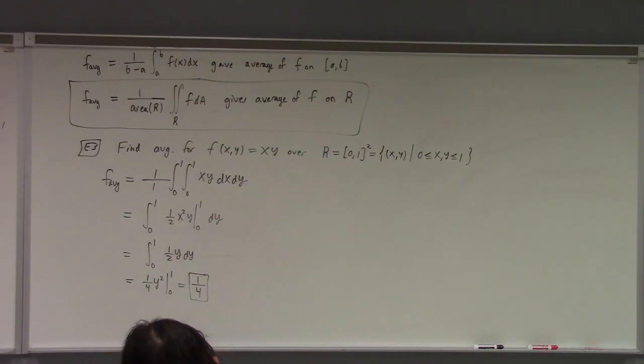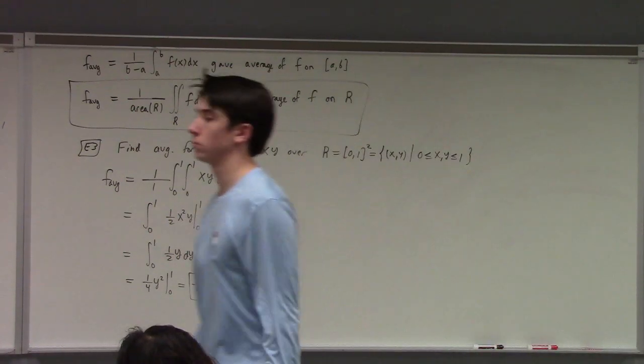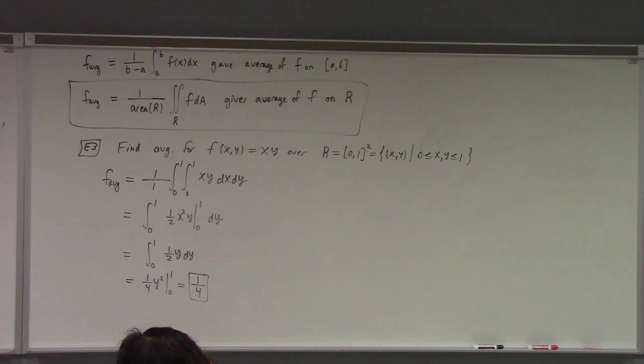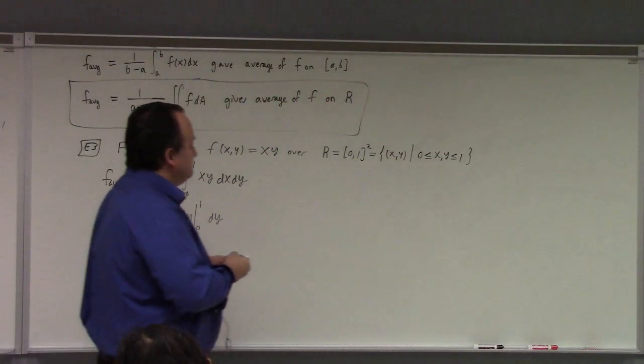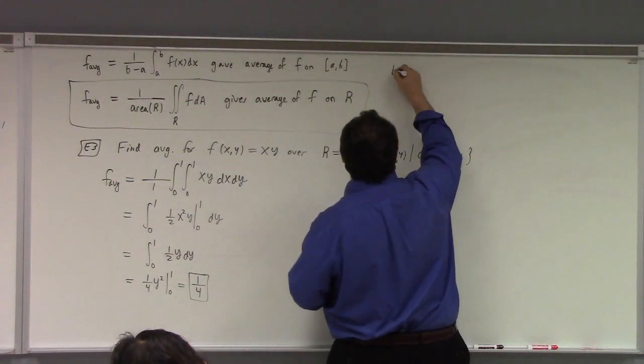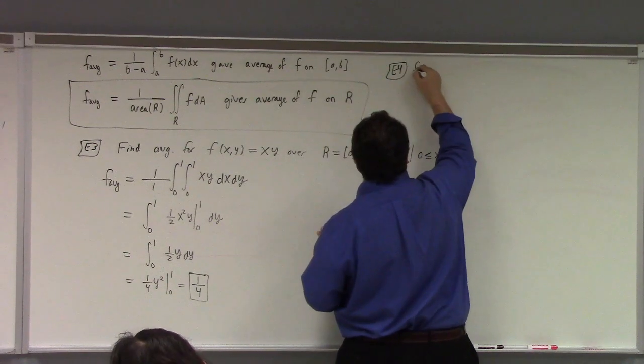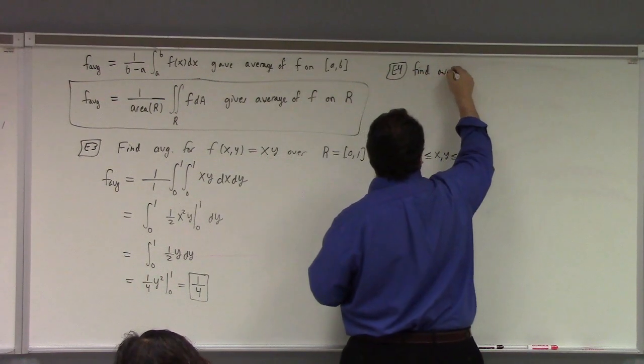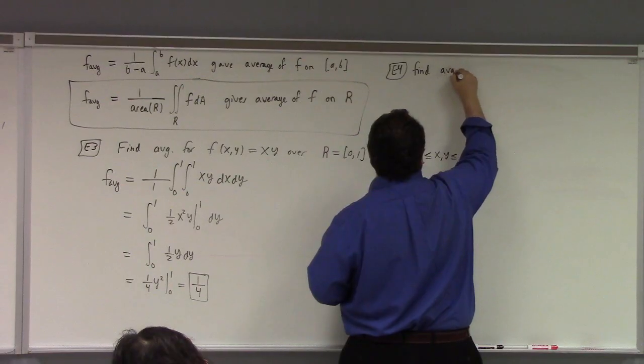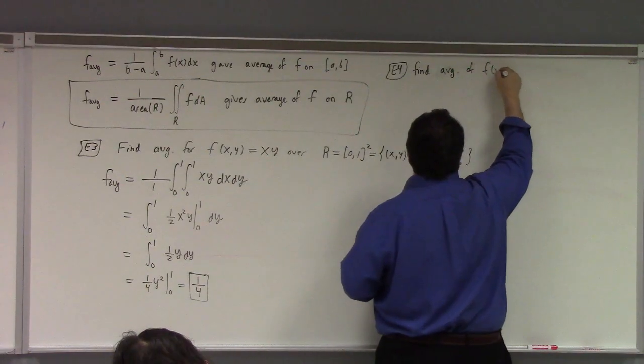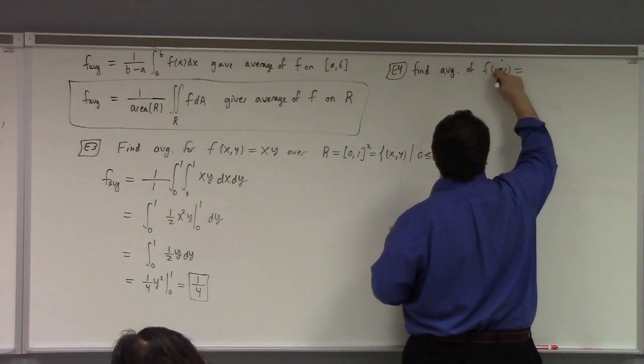All right. Now I want to do something a little bit harder. I want to calculate the average over a quarter circle. So this one's going to take us a little bit more work.